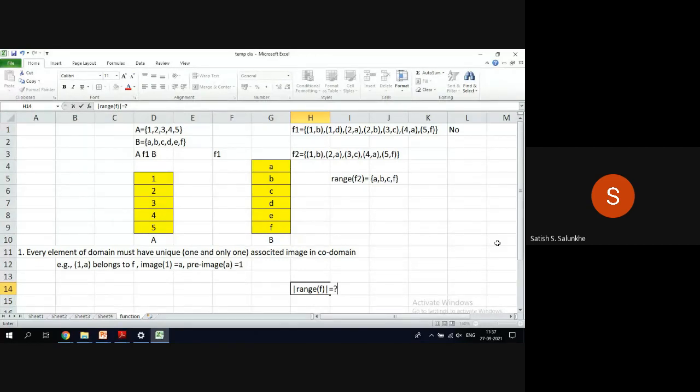Is it always equal to the cardinality of domain? Yes or no? Is the cardinality of the range of function f equal to the cardinality of domain? Yes or no?